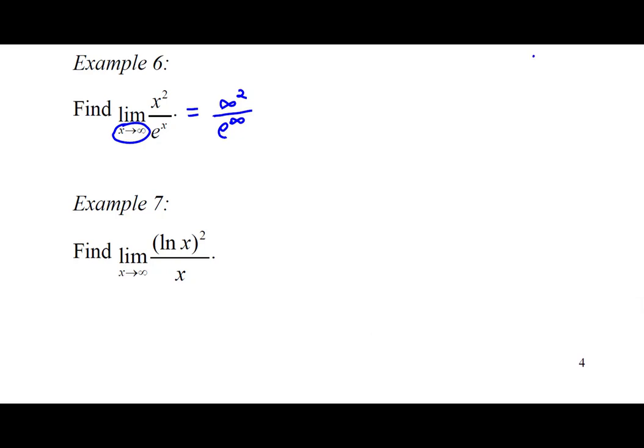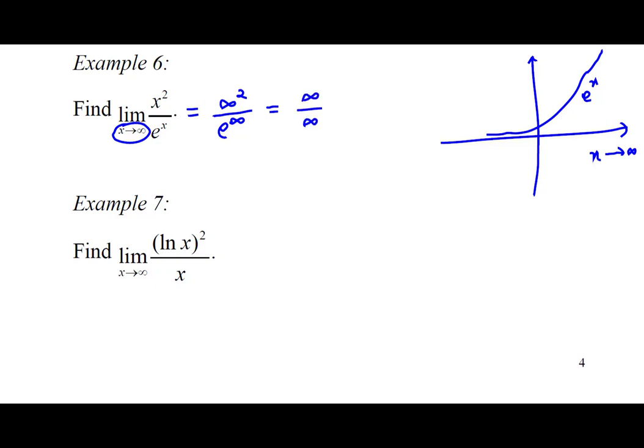Remember the graph of e to the power of x: as x goes to infinity, e^x goes to infinity. So you get infinity divided by infinity, and you need to use L'Hopital's rule.